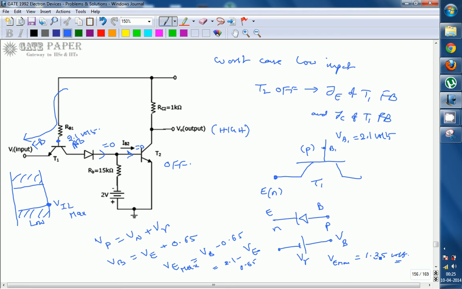If you apply more than that, the emitter base junction comes into reverse bias, no current flows, so that T2 will come into the on condition. So the worst case low input required to make the output high, that is, to make T2 off, is 1.35 volts. So this is the right answer for this one.